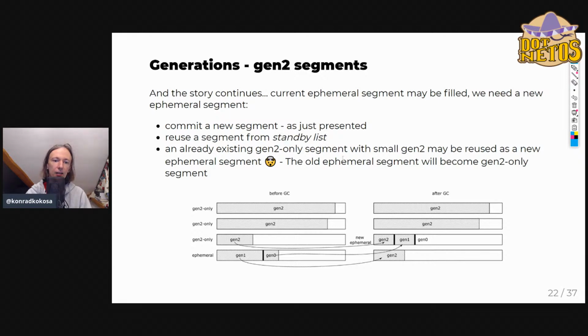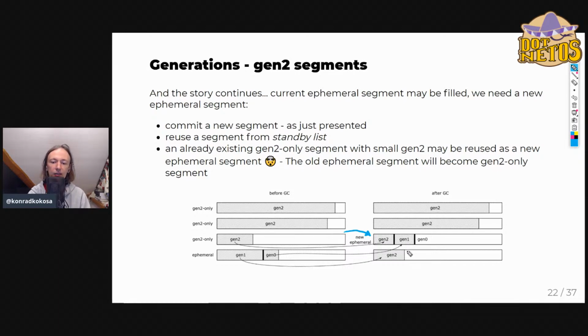And additionally, there is this optimization in the GC: imagine that we need a new ephemeral segment, and there is also a Gen2 segment, but it does not contain a lot of data. Like here we have it. So instead of committing and creating a new segment, GC will be able to do some magic and create a new ephemeral segment from this segment, just leaving some part of Gen2 in this segment from the old one.